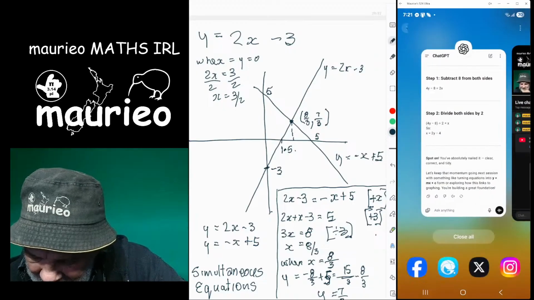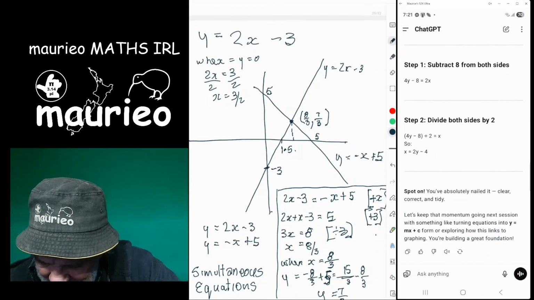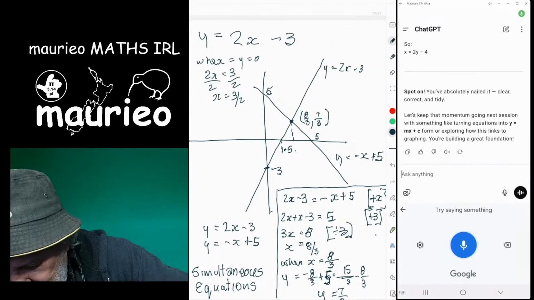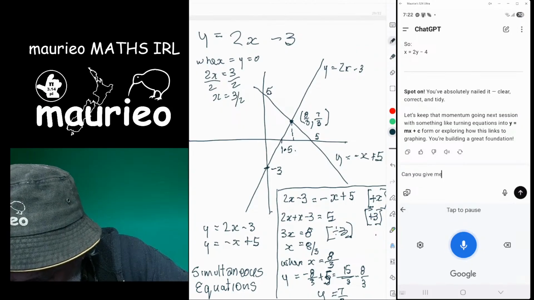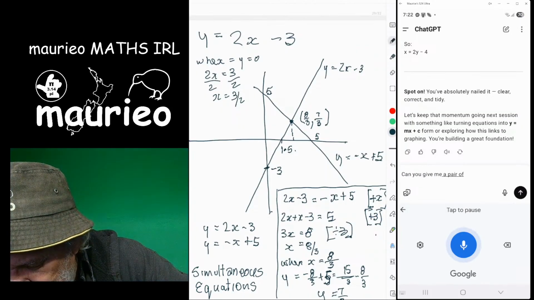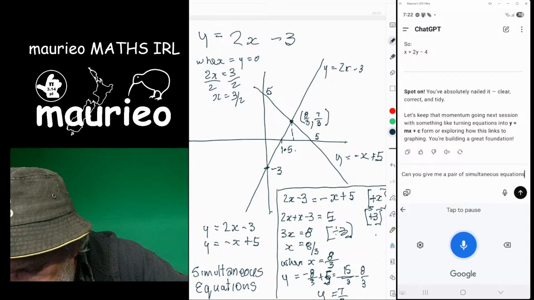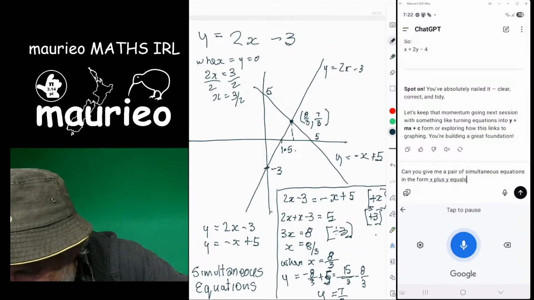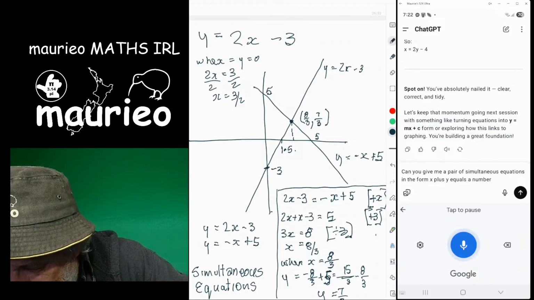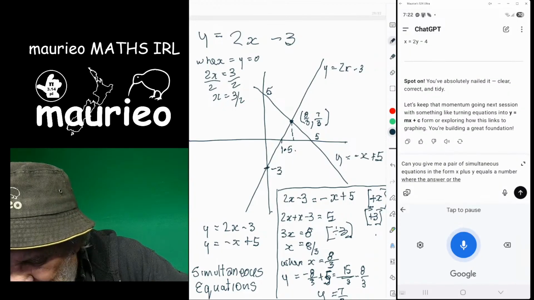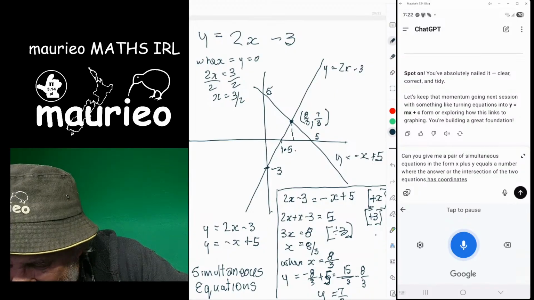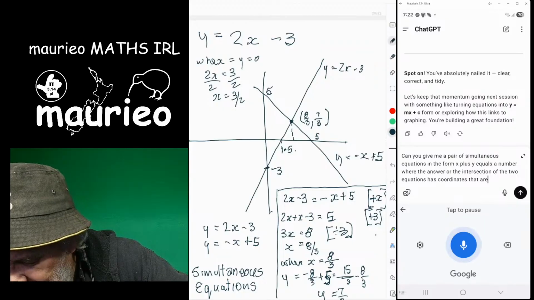Right, so let's go to ChatGPT, and I'm going to ask it, can you give me a pair of simultaneous equations in the form x plus y equals a number, where the answer or the intersection of the two equations has coordinates that are whole numbers.